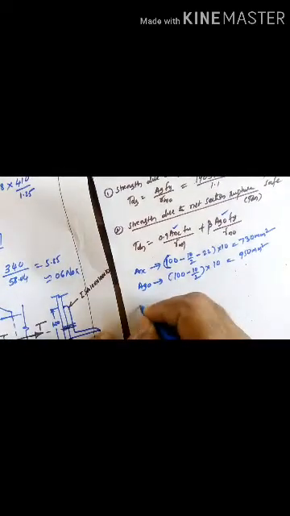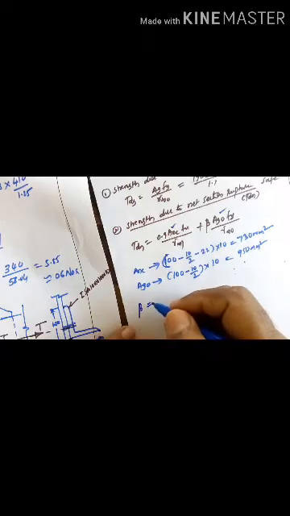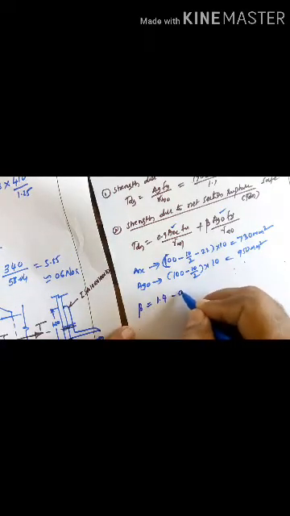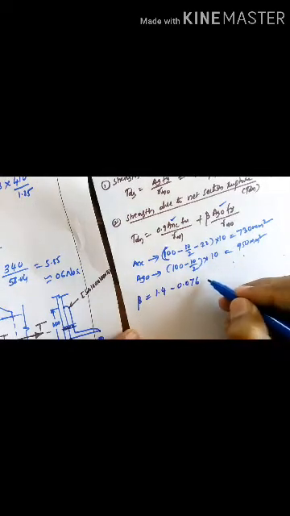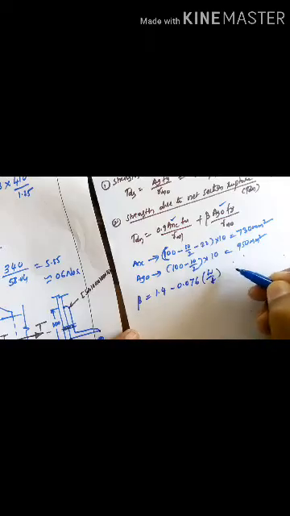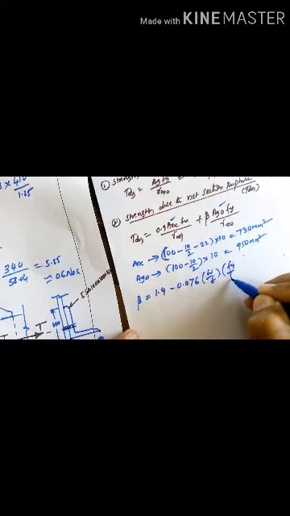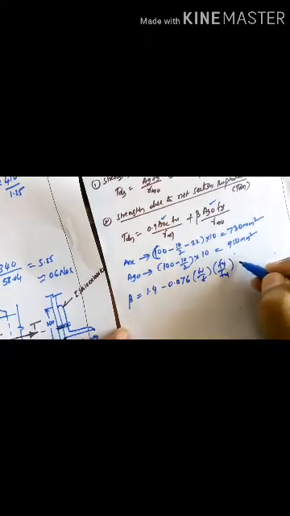Then you calculate beta, that is the correction factor beta: 1.4 minus 0.076 into W by T, then Fy by Fu, then Bs by LC.